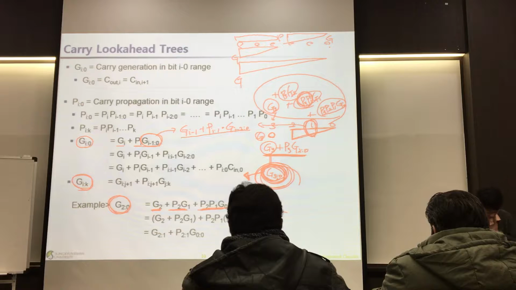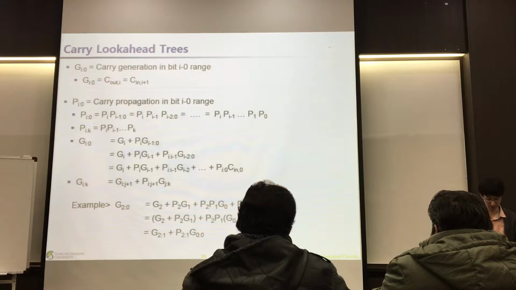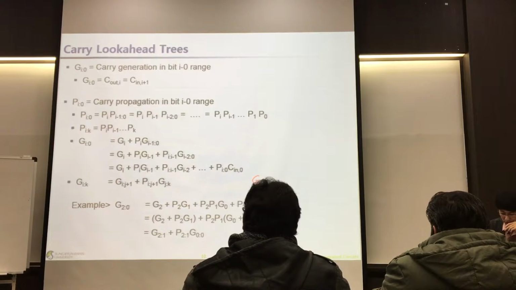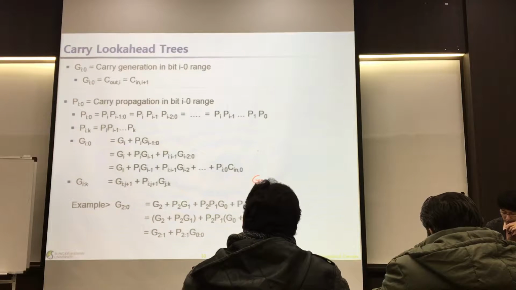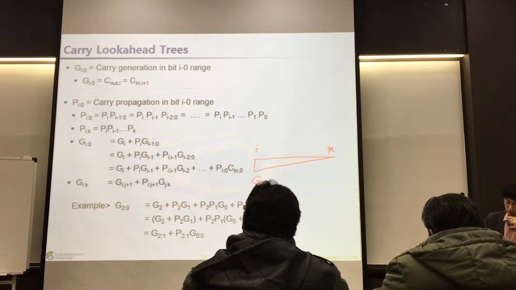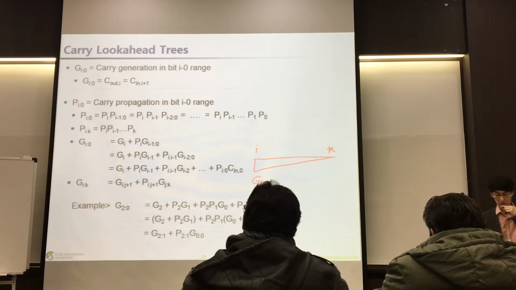Okay, the drawing is not clear. I'll redraw it for you. We are talking about G i to k. So basically, we want the I bit to the k bit. We want to think about the carry generation condition for bit positions I to k.